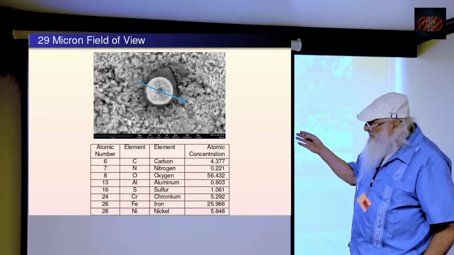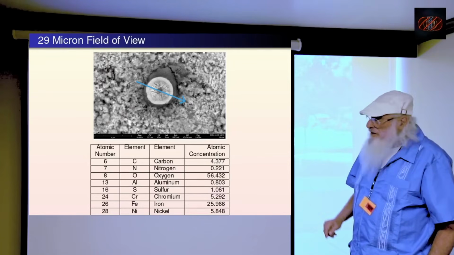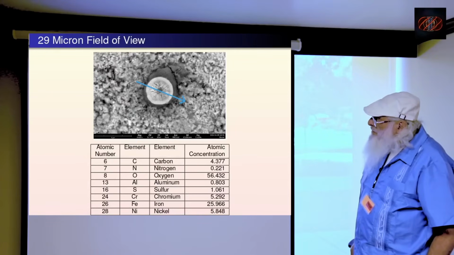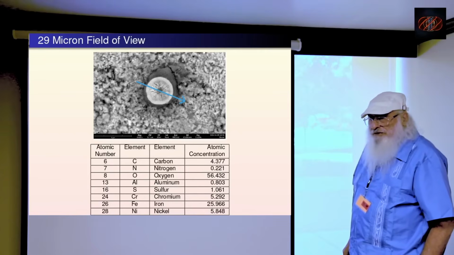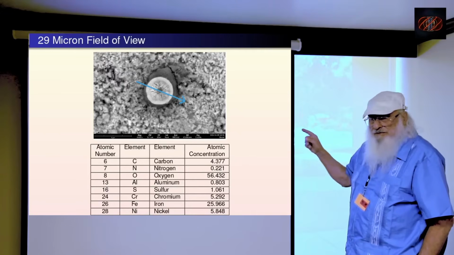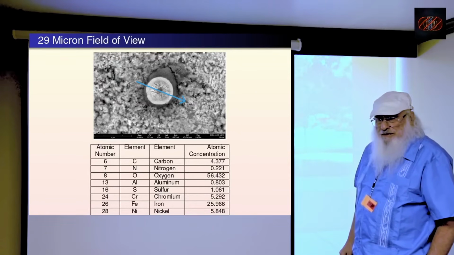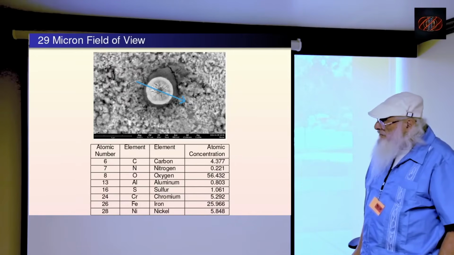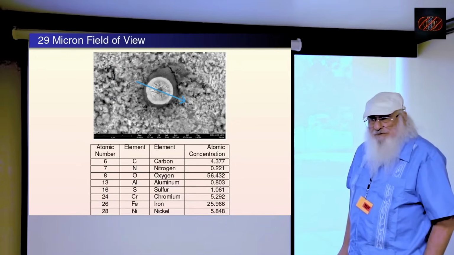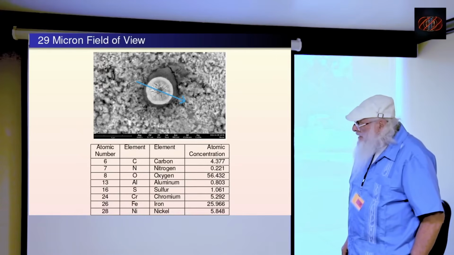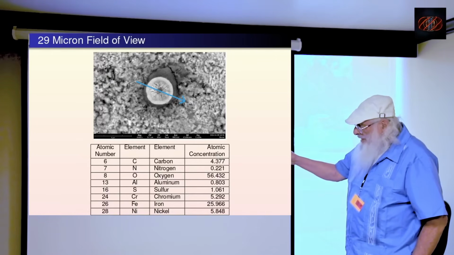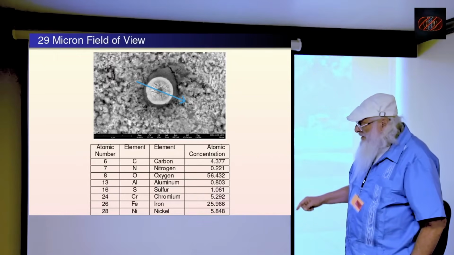We have 50, 60 images of this kind. This shows a 29 micron field view. From the left side to the right side is 29 microns. A micron is a millionth of a meter. And you see carbon, nitrogen, oxygen, yes, aluminum, sulfur, chromium, iron, and nickel here.